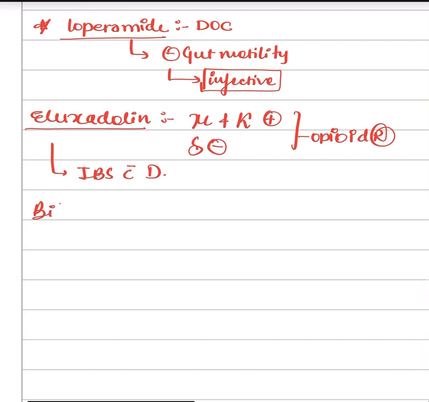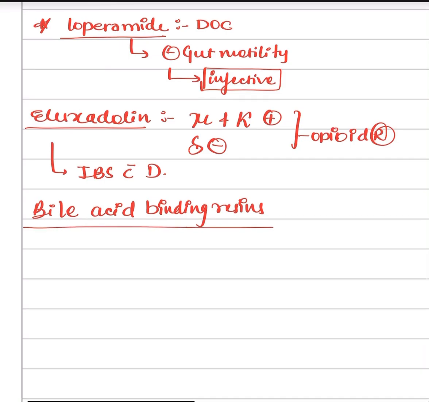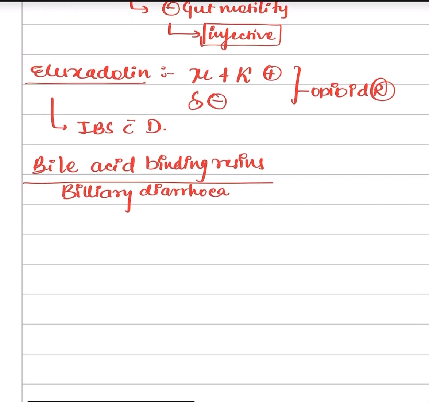Next we can use bile acid binding resins. We can use the bile acid binding resins in biliary diarrhea. Biliary diarrhea means there is no time to absorb the bile secreted by the liver or gallbladder in the intestine. So there is a change in color of the stool.